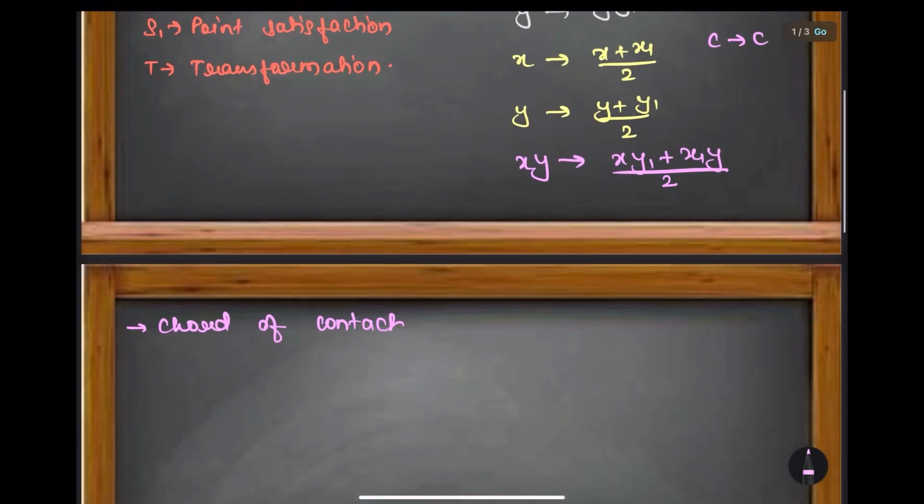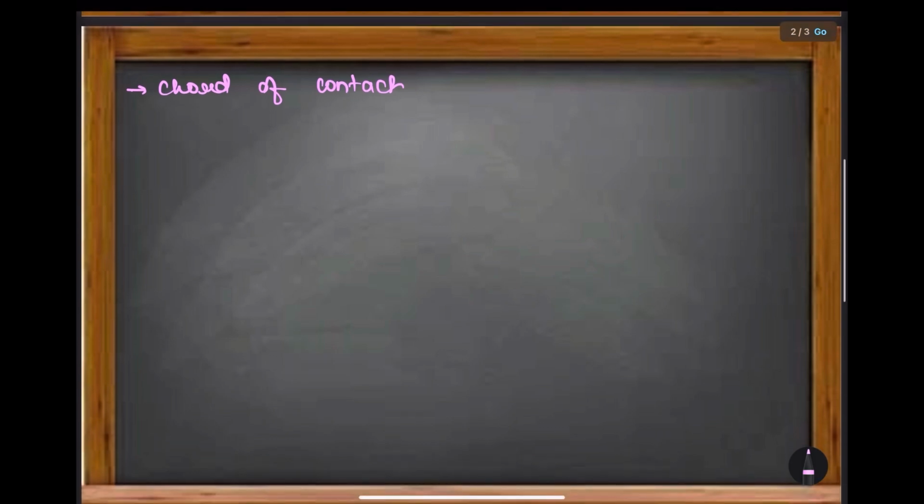Okay, now next is chord of contact. Now try to understand what is chord of contact. Suppose that you will have a curve, and a point outside the curve. From here you can drop two tangents, you know.